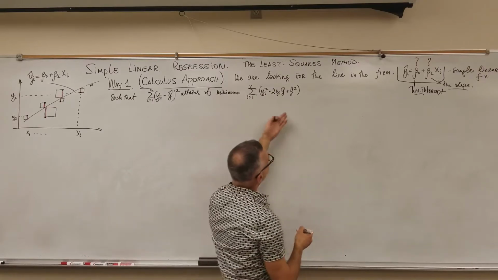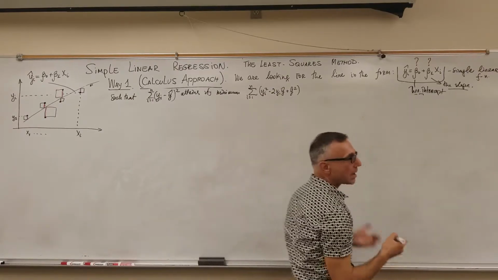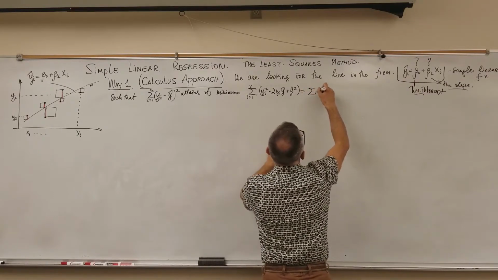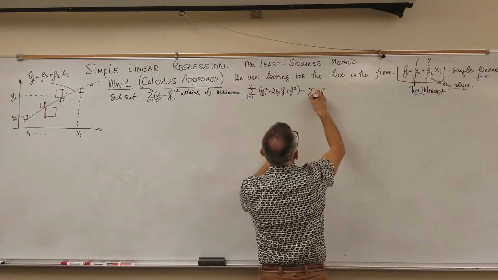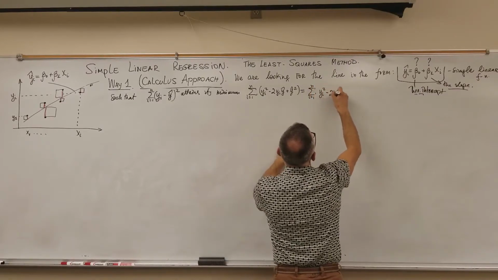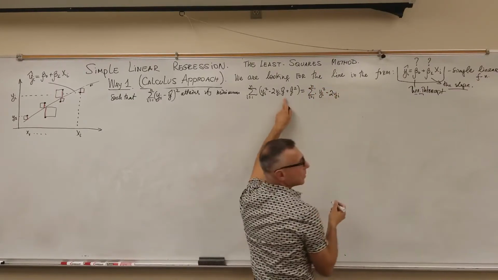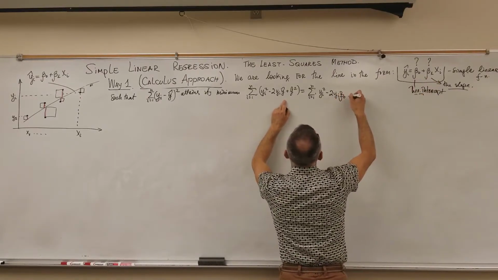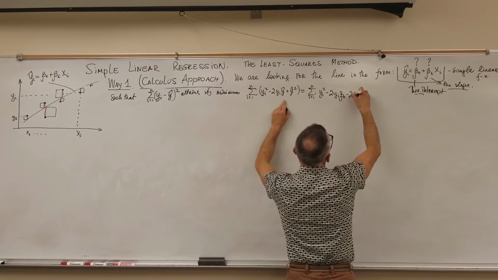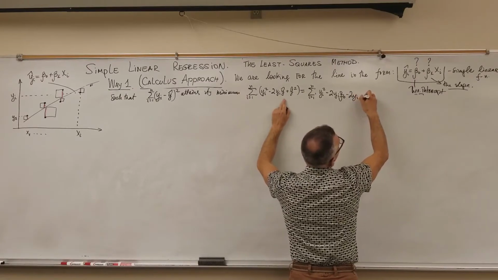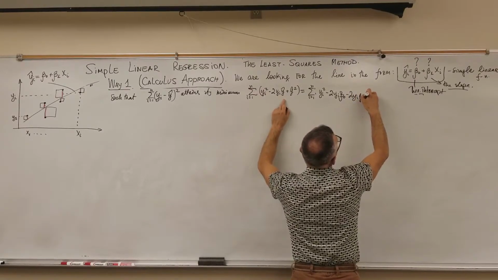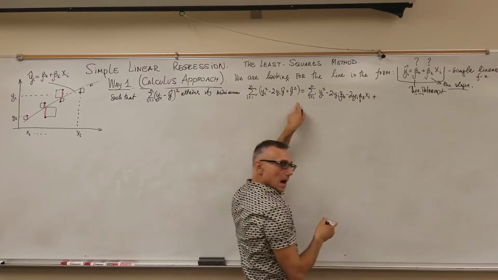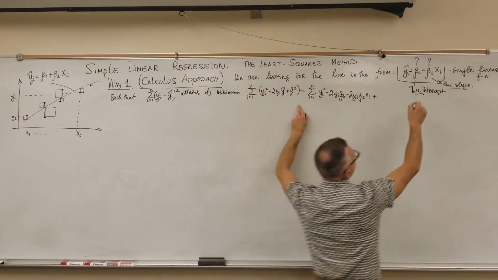Now let me plug in the model for the y hat, and it will be equal to the sum of yi squared, i from 1 to n, minus 2 yi times beta 0, I'll distribute it here, minus 2 yi beta 1 xi, plus y hat squared, this whole thing squared.